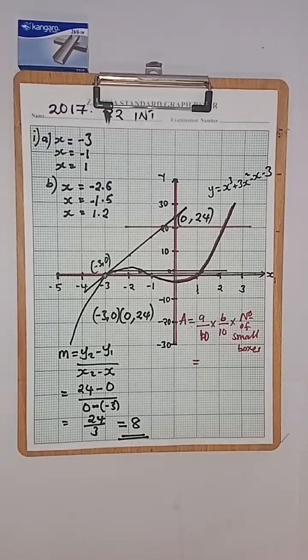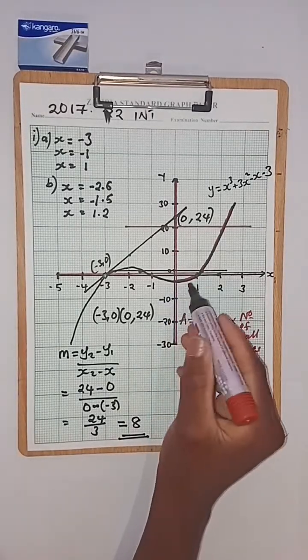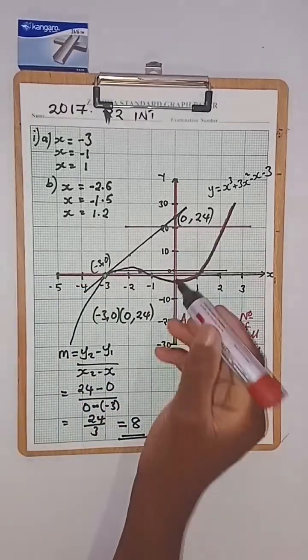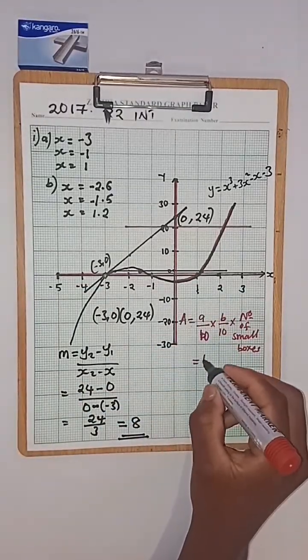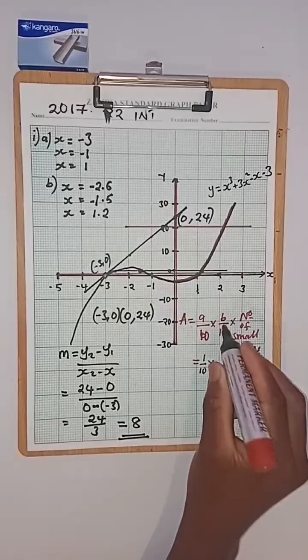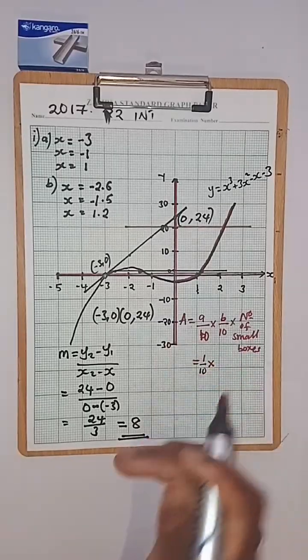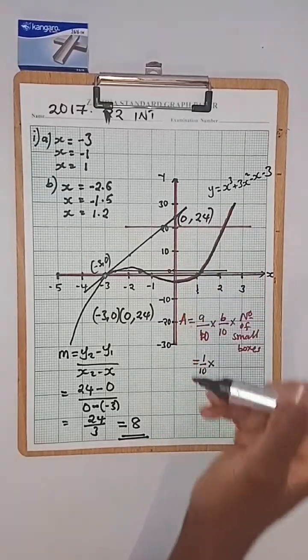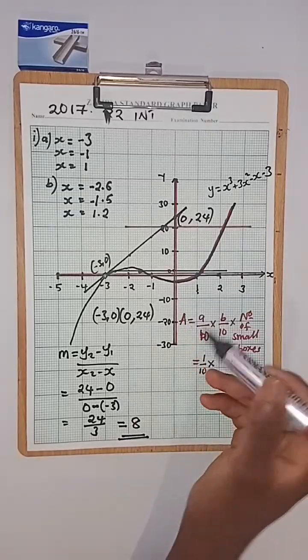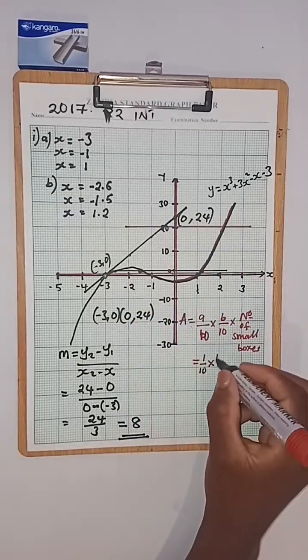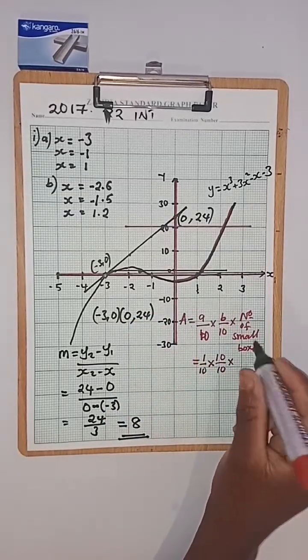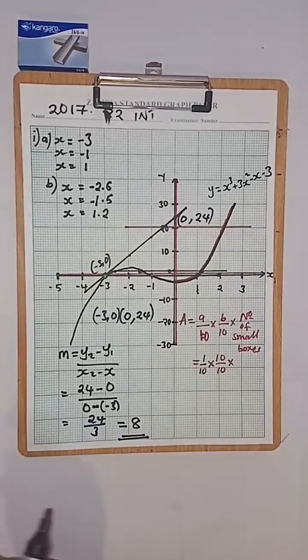The first number on the x-axis, so in this case we have 1. Don't mind about the signs, you can even get it from here as 1. You're going to have 1 over 10 times b. Here is the first number on the y-axis, so here you can get 10. Even here we have 10 also. Don't mind about the signs here. It will be 10 over 10 times, now, number of small boxes.